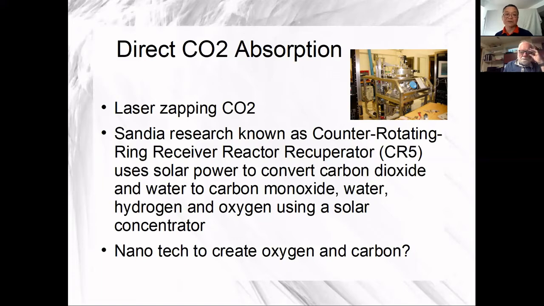But I don't see anybody working on that because there's no money in it. It's a whole profit thing. There are people trying to convert CO2 into fuels, so turn it back into a hydrocarbon, but no one wants to just break it down into carbon and have nothing useful at the end.